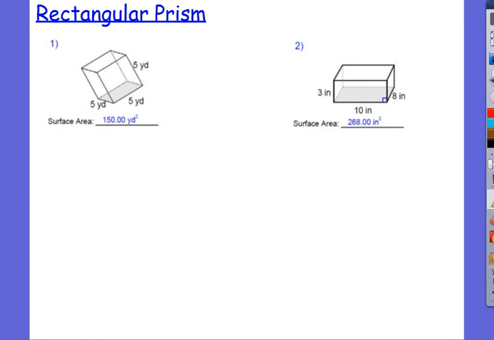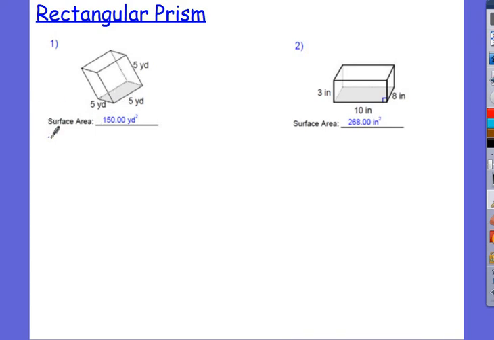A square. If I turn the shape like this, what shape do I have? Square. Is this square and this square the same size? Yes. Are all these squares that it forms the same size? Yes. So how many squares total are there in a cube? 6. And they're all the same size. So that makes life easy when finding surface area.